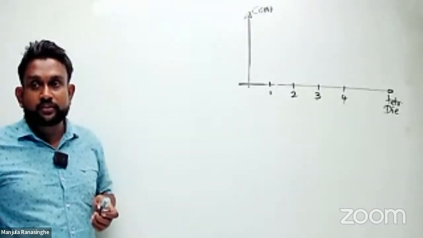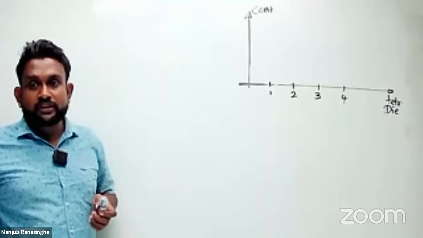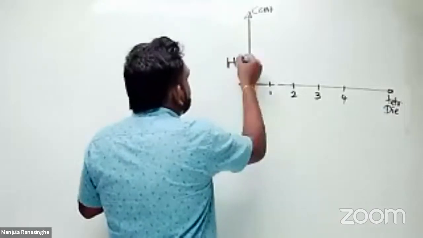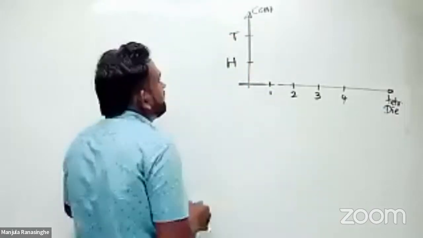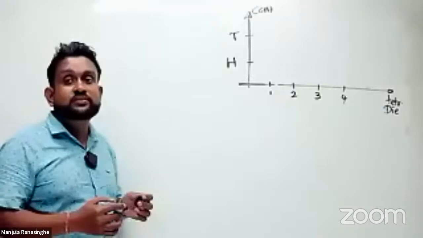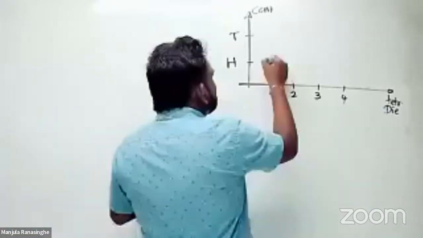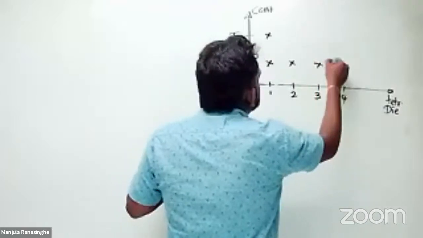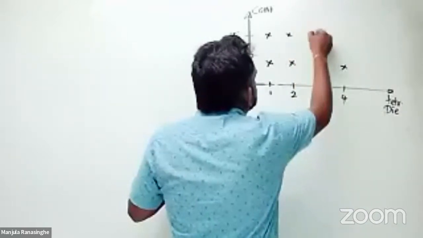Then show the sample space of the outcomes. So these are the sample space of the outcomes.